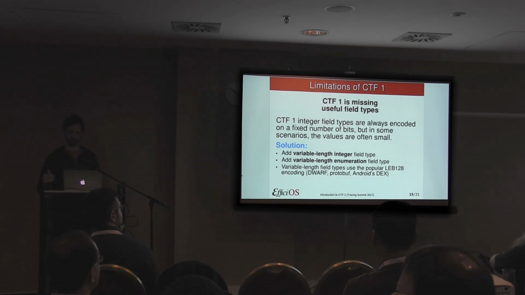But in some scenarios, the values of the fields represented by those field types are almost always small and sometimes big. So a useful field type in this scenario is to have a varlen integer or varlen enumeration. So we plan to support this and to use LEB128, which is the encoding of DWARF and it's very popular.